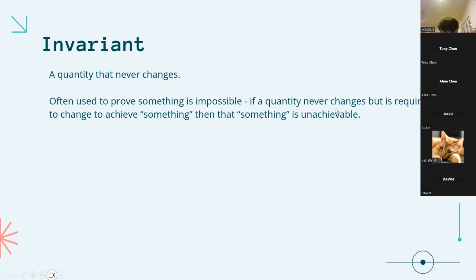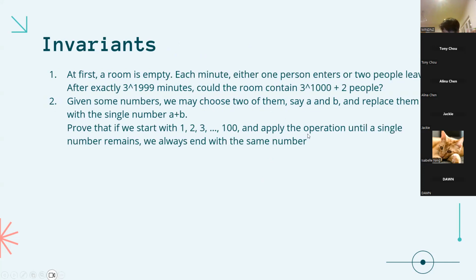Some problems for you guys to try. Problem two is probably easier, so maybe try that first. Again, in problem one, we want to prove if something is possible or not.